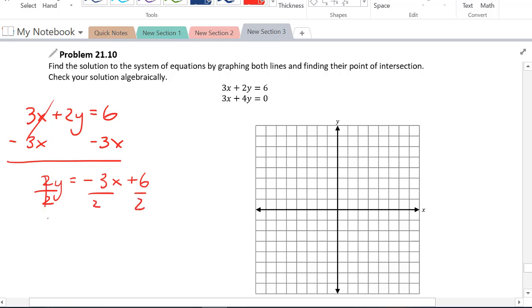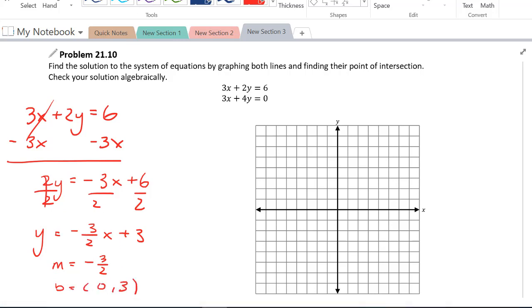So we end up with y equals negative 3 over 2 x plus 3. So what's my slope? Slope is negative 3 over 2. Y-intercept is 0, 3.